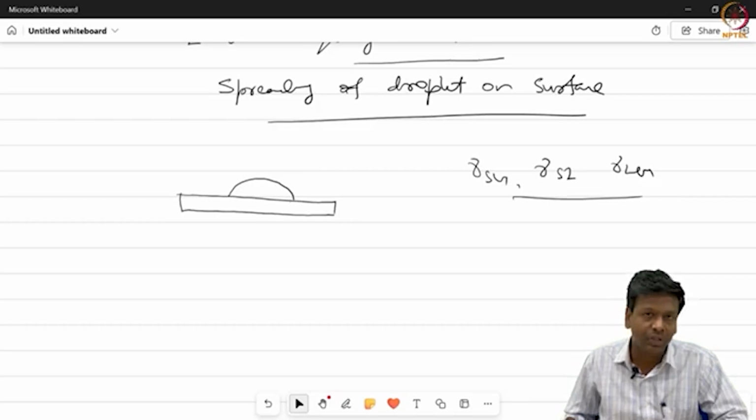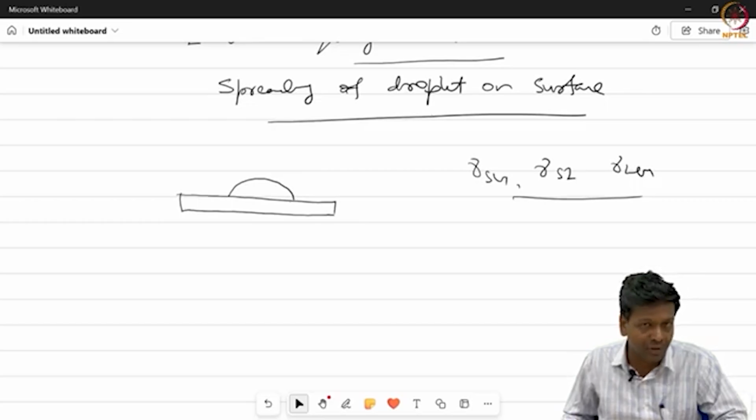So in this case, you want the surface to be more hydrophilic in nature, based on which you will design the formulation. So the liquid will spread on the surface, right?